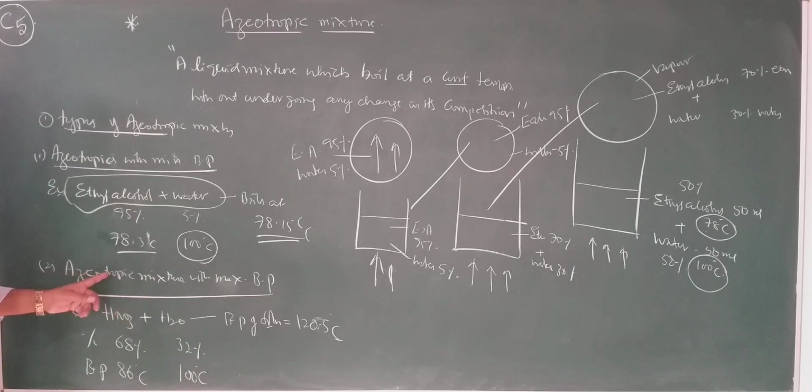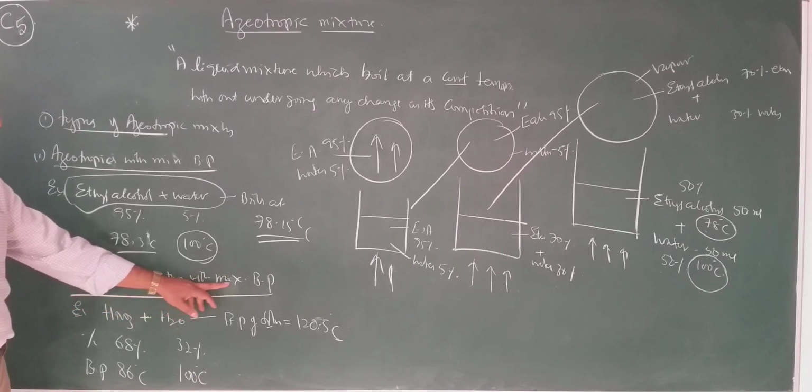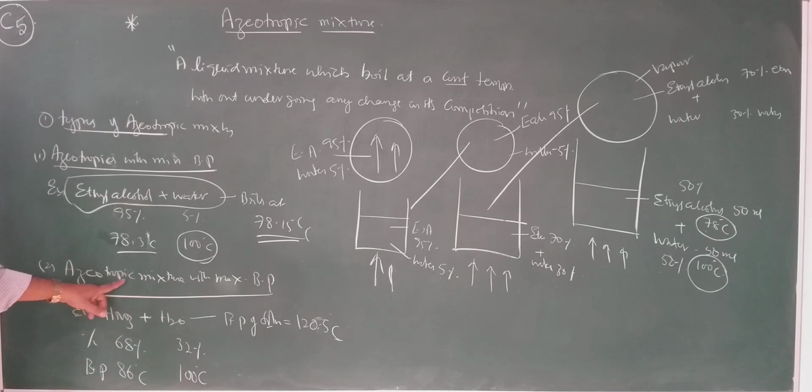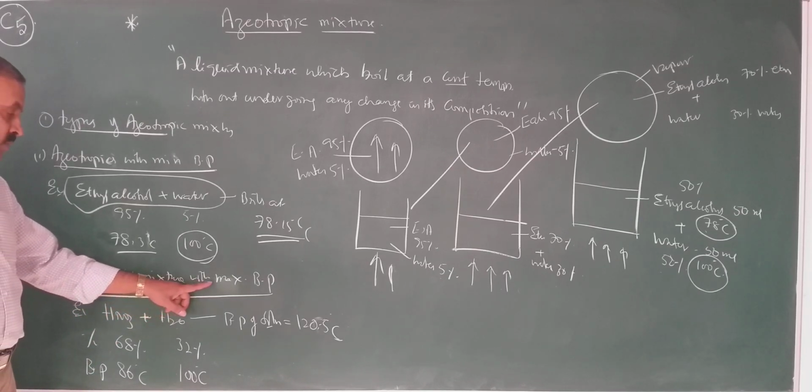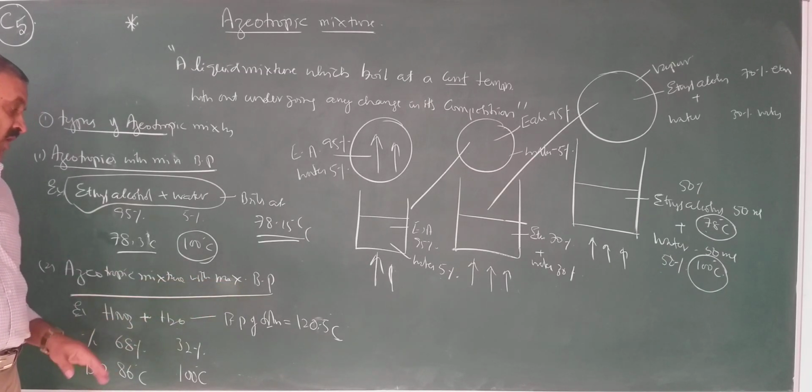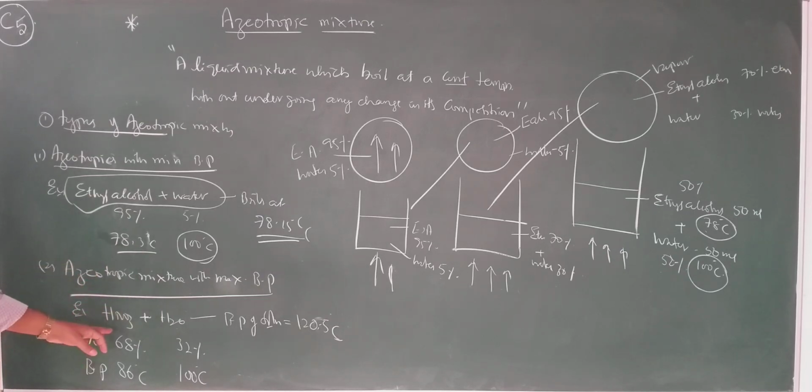Such a mixture is known as azeotropic mixture with maximum boiling point. What is azeotropic mixture with maximum boiling point? It is an azeotropic mixture which boils at a temperature higher than the boiling point of either of the liquids.